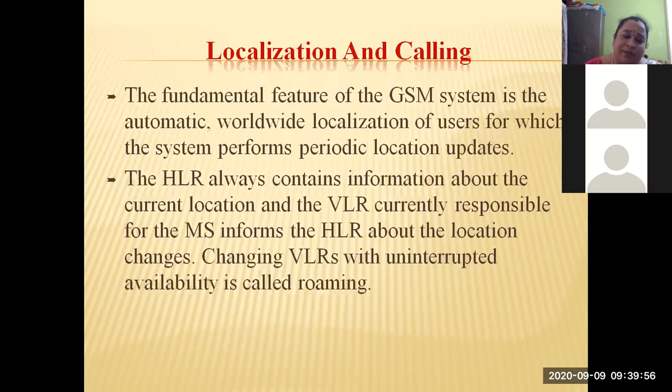The mobile station itself gives its identification to the HLR each time. The HLR updates the VLR. According to the identity or location that the mobile station has updated to the HLR, the VLR changes you from a temporary subscriber to a permanent subscriber, or from a permanent subscriber to a temporary subscriber.